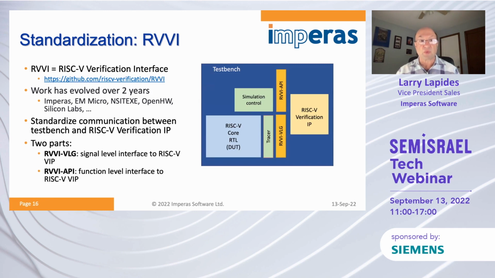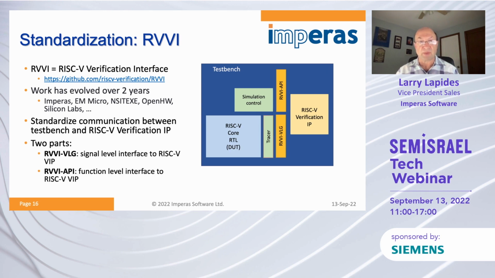In RISC-V, what we've done is to develop RVVI, the RISC-V verification interface. This has been made available through GitHub. It's an open source project. This work has evolved over the last 2 or more years, actually with Imperas and Microchip, NSI Tech's Open Hardware Group, Silicon Labs, and a few others working on this. The idea is to standardize communication between the test bench and the RISC-V verification IP.